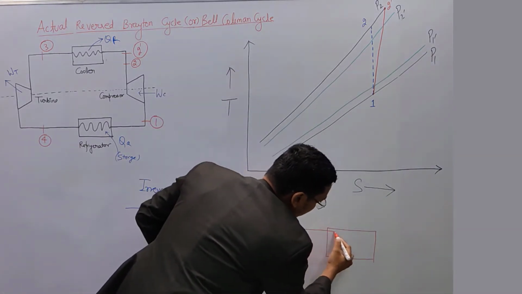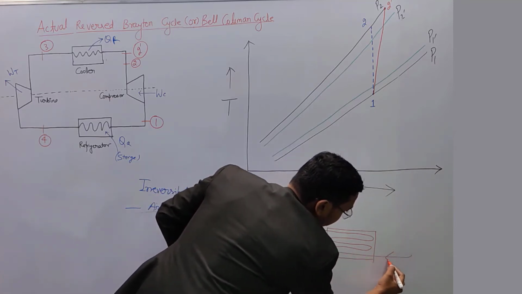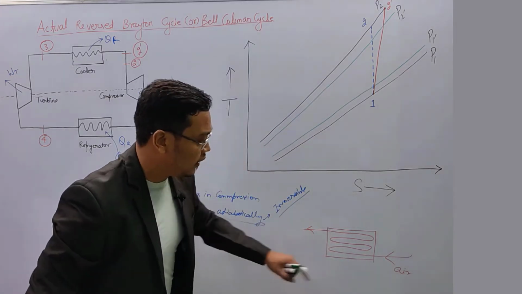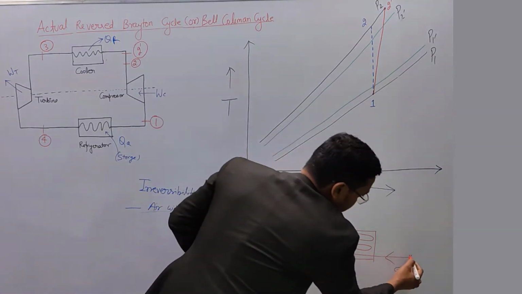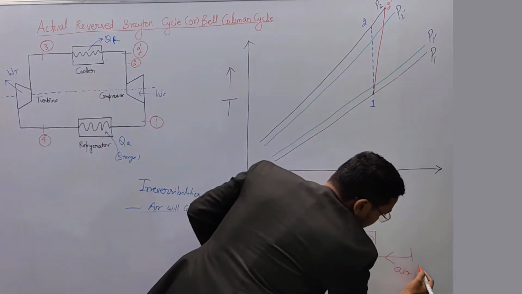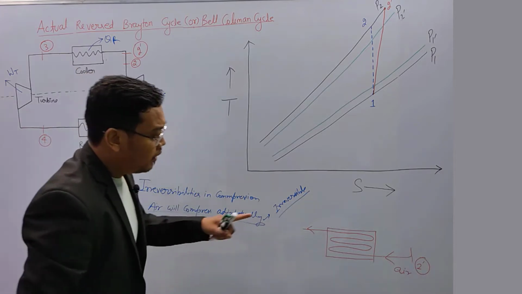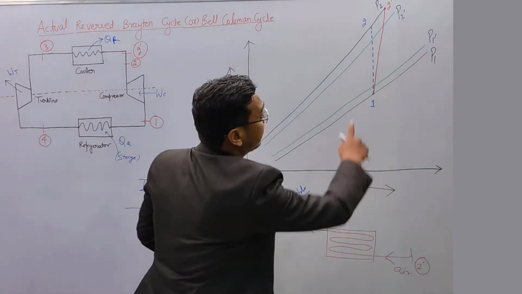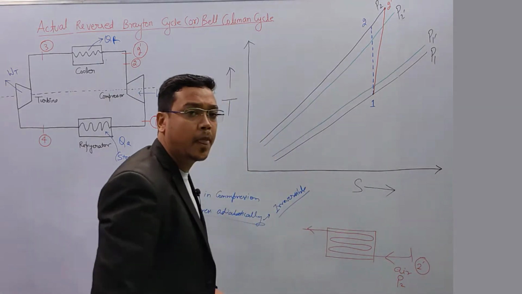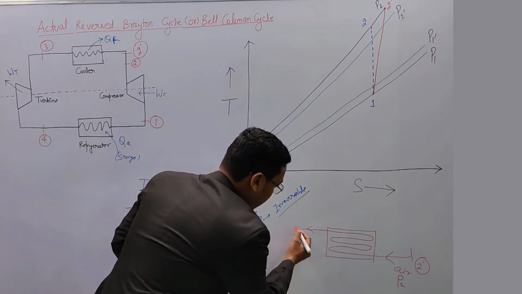So in the cooler, this type of arrangement is there, and the air will go into the cooler. Suppose this is my point number 2 dash, at pressure P2. Air will go from 2 dash to 3.